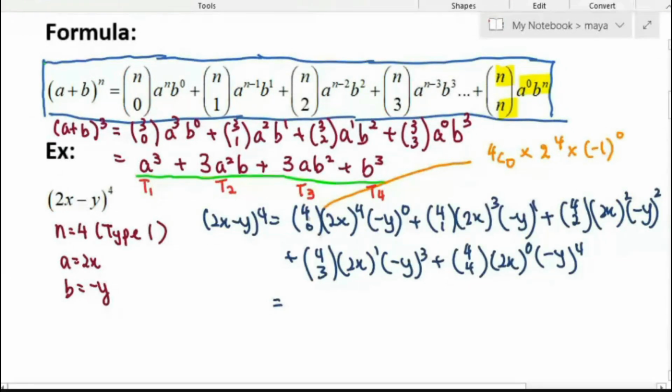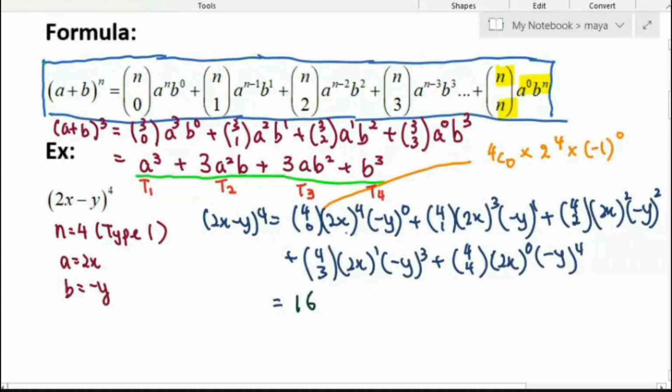So take all your values first. This is value, this is value, this is value. Your unknown is x and y. So take all your values and then you press 4C0 times 2 to the power of 4, and then your coefficient is equal to 16.